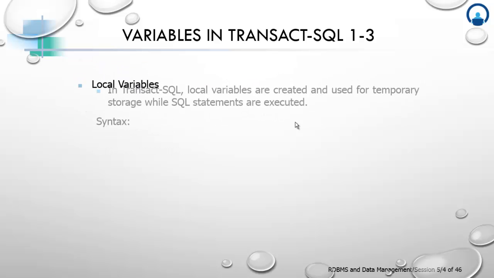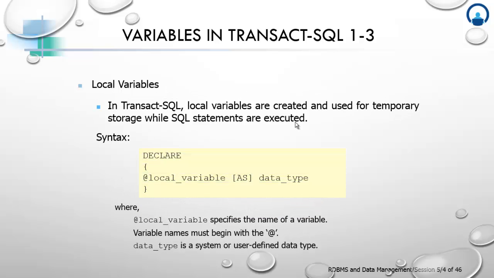Moving ahead, we come to local variables. In Transact SQL, local variables are created and used for temporary storage while SQL statements are executed. The syntax is DECLARE @local_variable AS data_type, where @local_variable specifies the name of a variable.